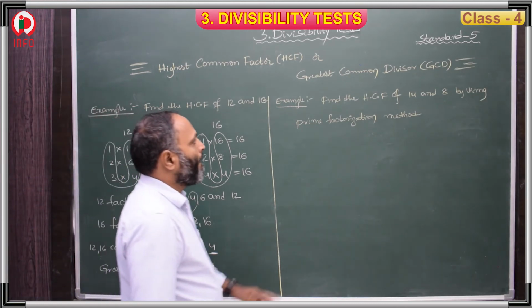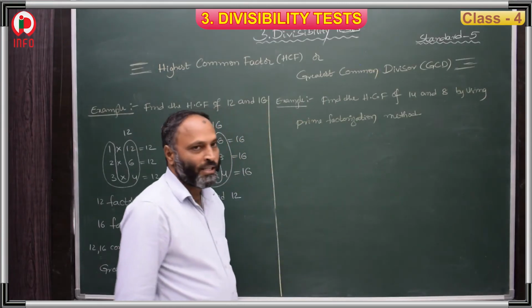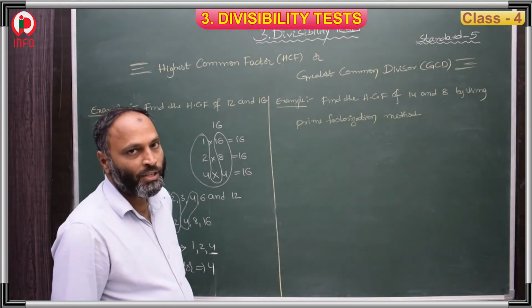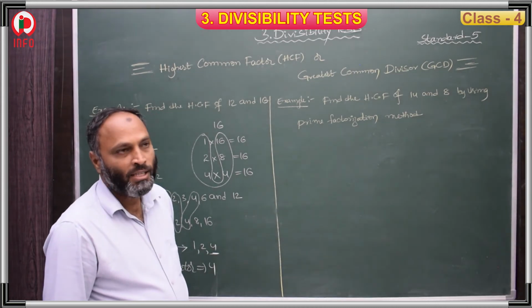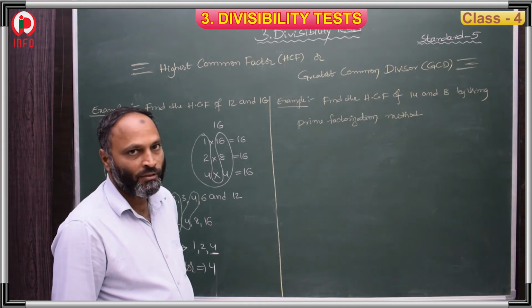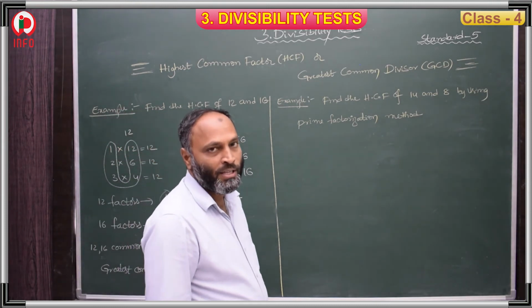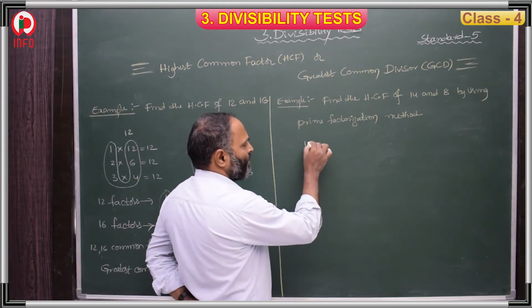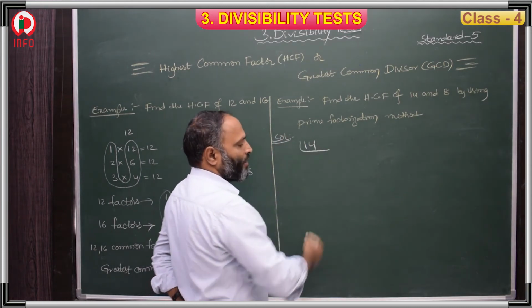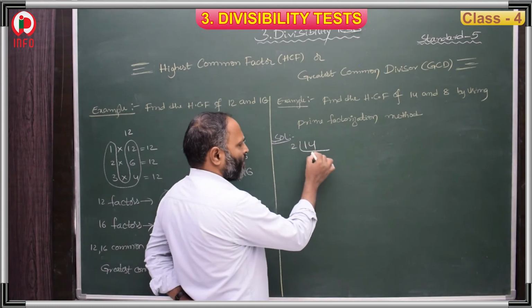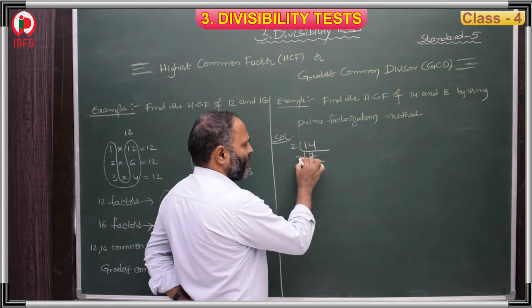Now, using the prime factorization method. Like in LCM, here also we have to find the GCD, greatest common divisor, using the prime factorization method. First, in our solution, we take the prime factors of 14. 2 7s are 14, next 7 1s are 7.